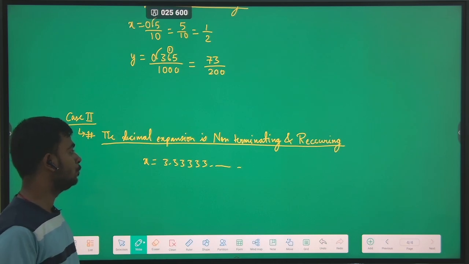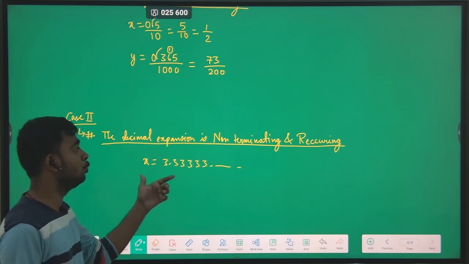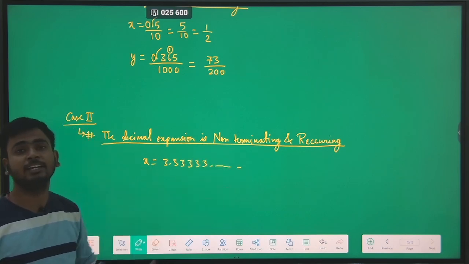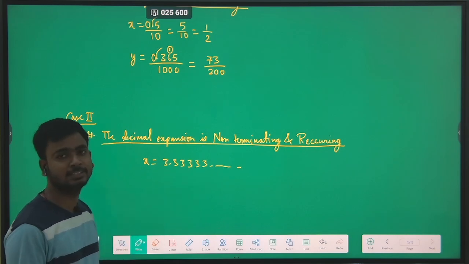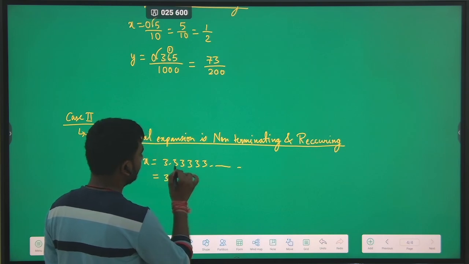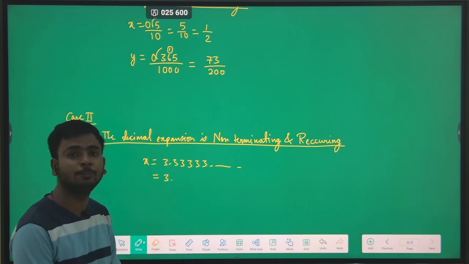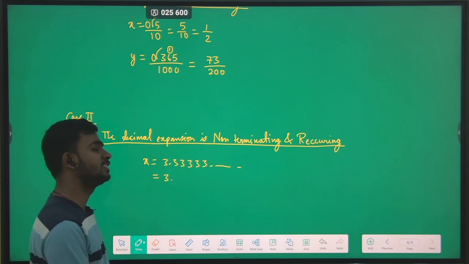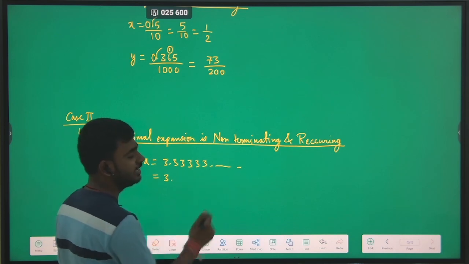Okay. So our first thing is how to represent a non-terminating and recurring decimal expansion. Whenever a number is like this, after the decimal point, we have to find which digits are getting repeated.